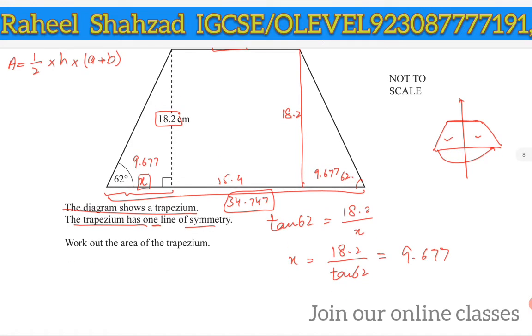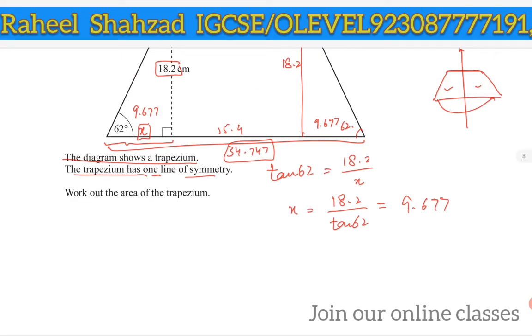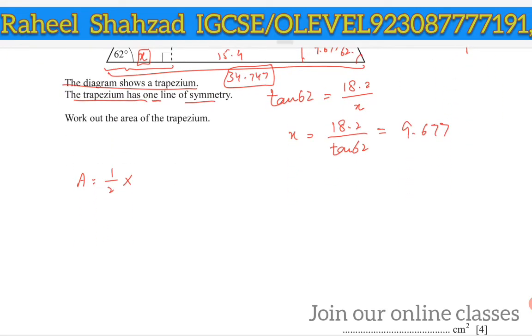Now the area of the trapezium is going to be 1/2 into height. Its height is 18.2, into the sum of parallel sides, that is 15.4 plus 34.747.